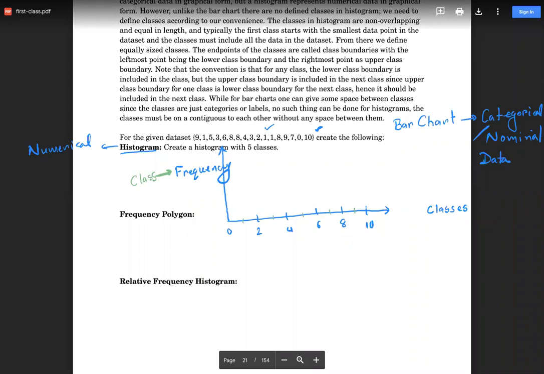How many data points are between 0 and 2? Can you look at this data set and tell me, please? 0 is there, 1 is here, 1 is there. How about 2? Oh, there is another one here. Is 2 going to be there? That depends. If you want to include 2, you can, okay?